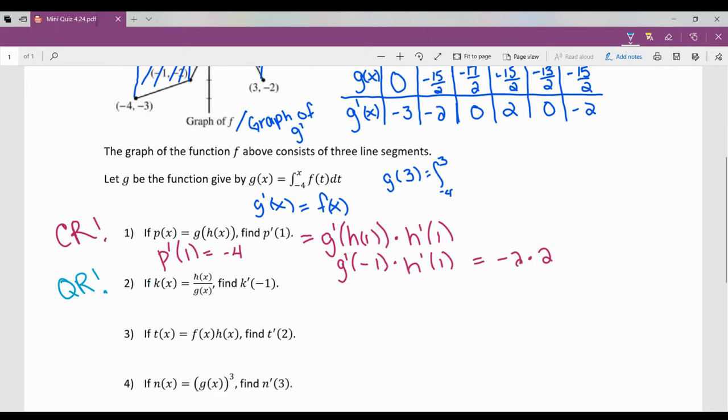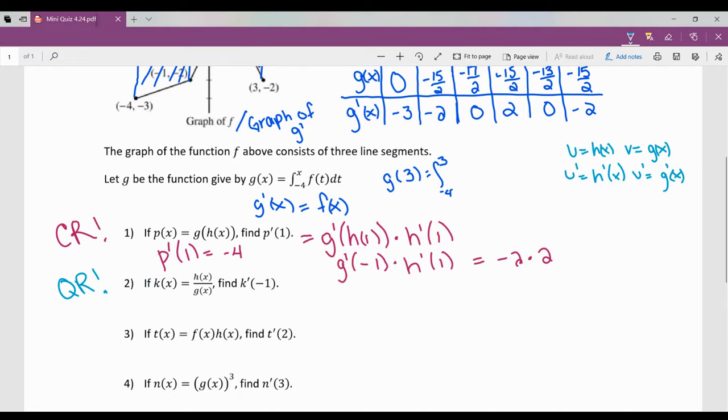Forgot to highlight my pen. U is equal to the numerator, H of x. V is equal to the denominator, G of x. U prime is going to equal H prime of x. V prime is going to equal G prime of x.